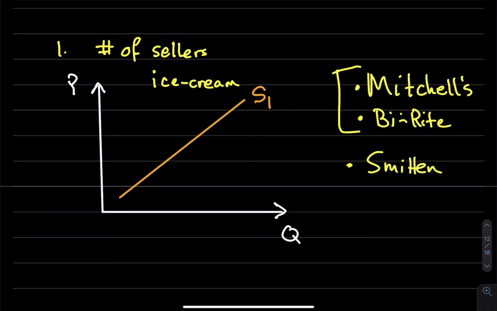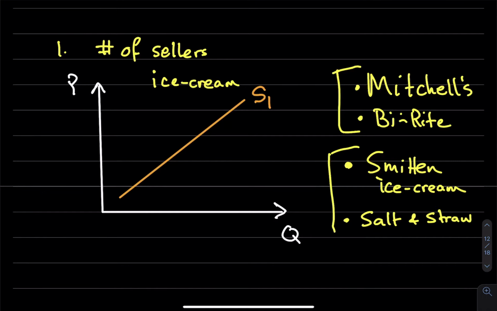If you haven't been, it's a nice place to go. Well, not now, but Smitten is where you can see ice cream getting made, and they have some really nice seasonal flavors, and also Salt and Straw. So let's say earlier we only had 2 suppliers, and now we have 4 suppliers. What's that going to do to the quantity of ice cream supplied?